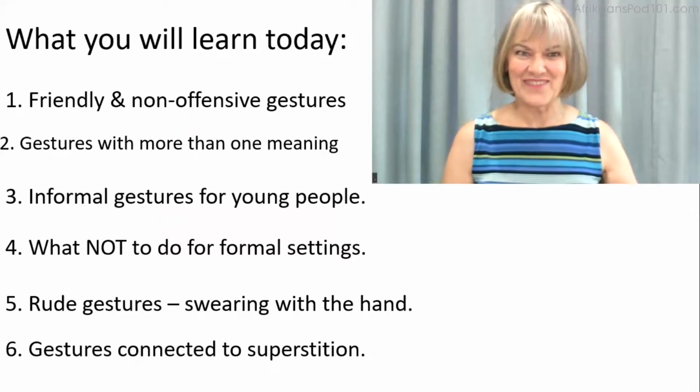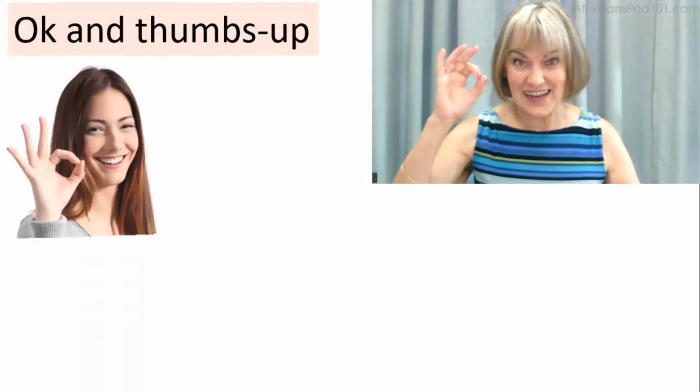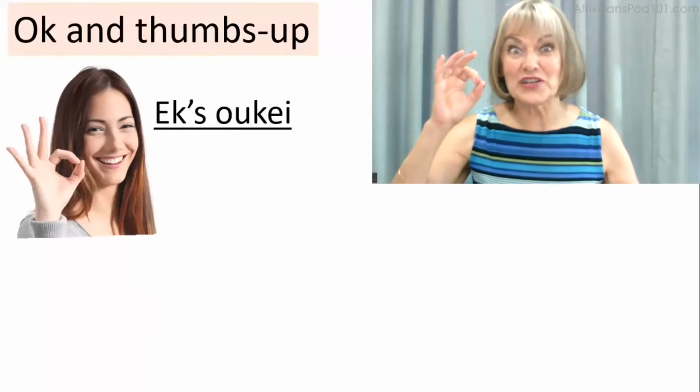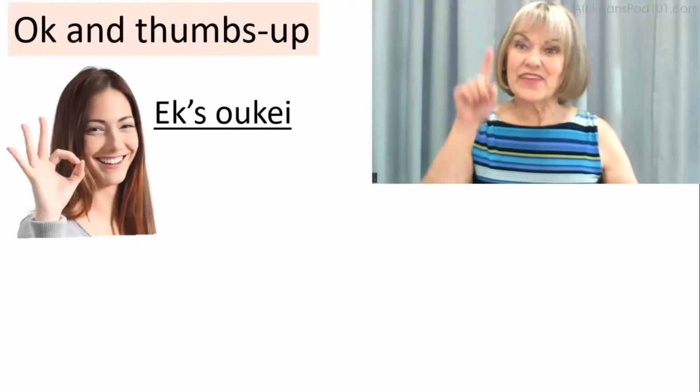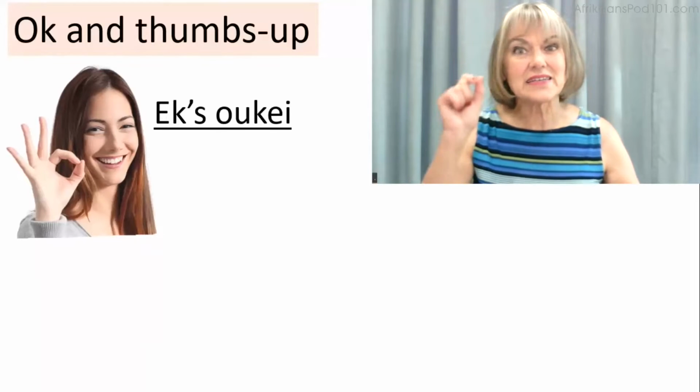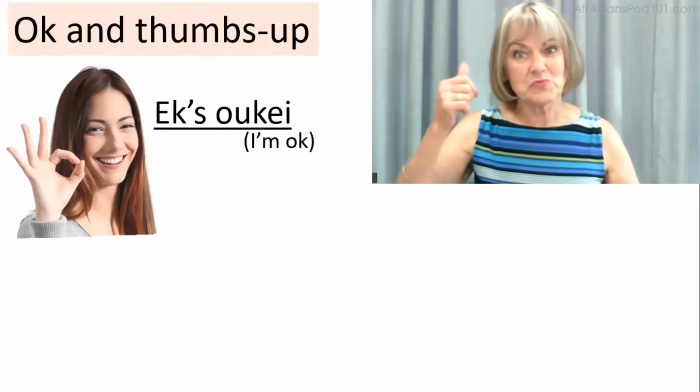Right, let's get going. So the first sign is the okay sign. It's pretty universal. If you want to say something in Afrikaans with the sign, you can say Ek's okay. So the word okay is actually acceptable in Afrikaans, and the apostrophe is just a contraction from ek is okay, which just means I'm okay.